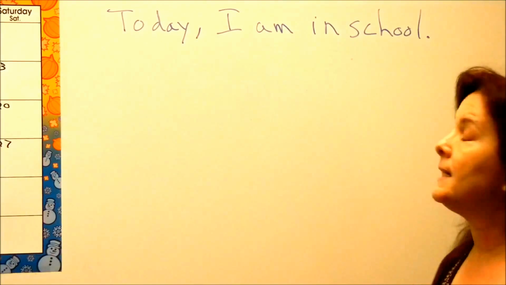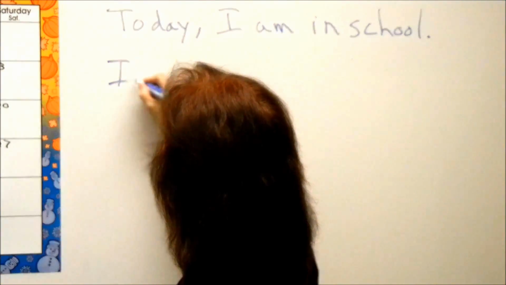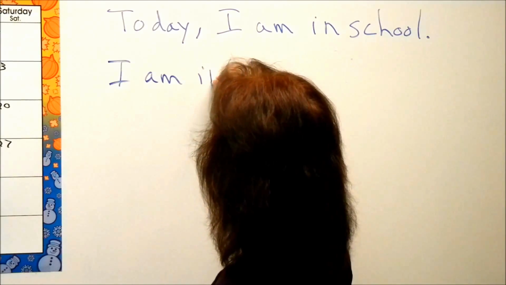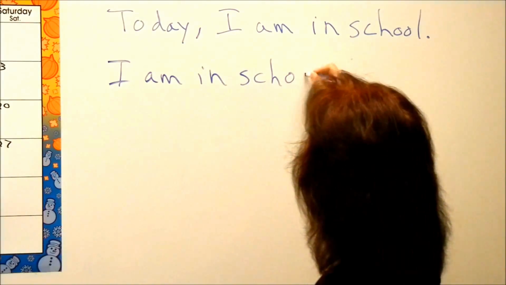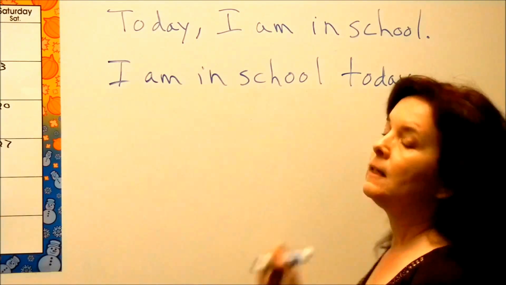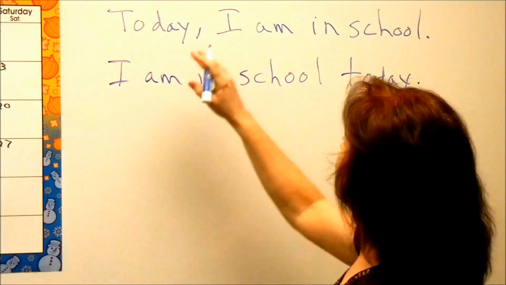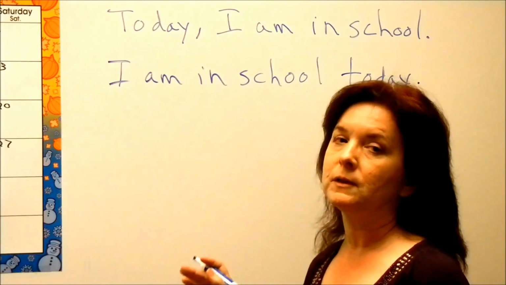You could say it that way. Today I am in school. Or you could say, I am in school today. Either one of those is completely correct. Today I am in school. I am in school today.